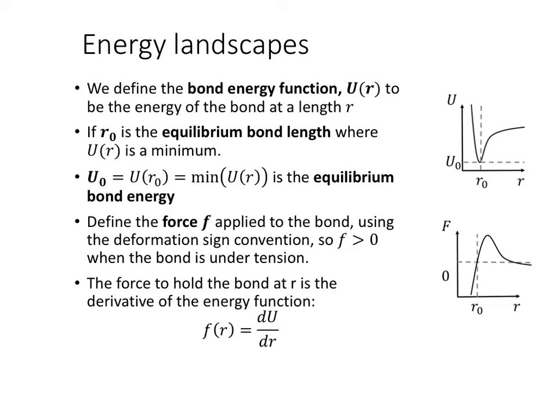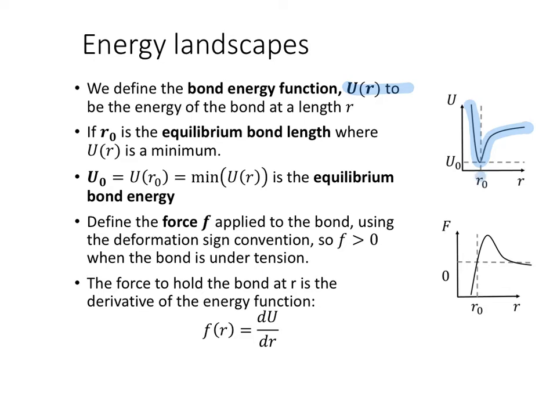energy landscapes. We define the bond energy function, U of r, to be the energy of the bond at a length r. That is, this U is just a plot of the energy as a function of bond length. And that's what we refer to as an energy landscape.